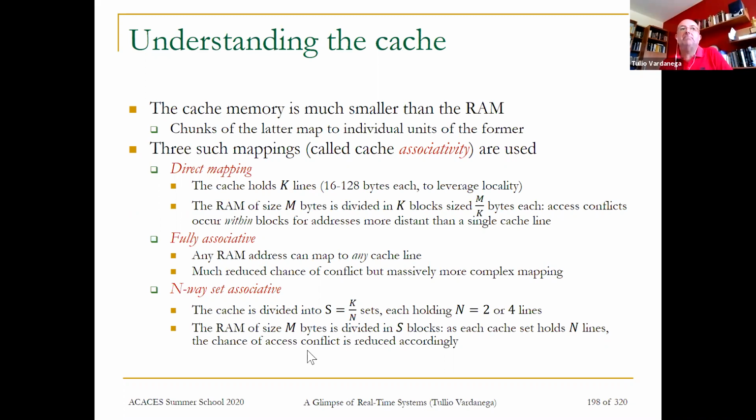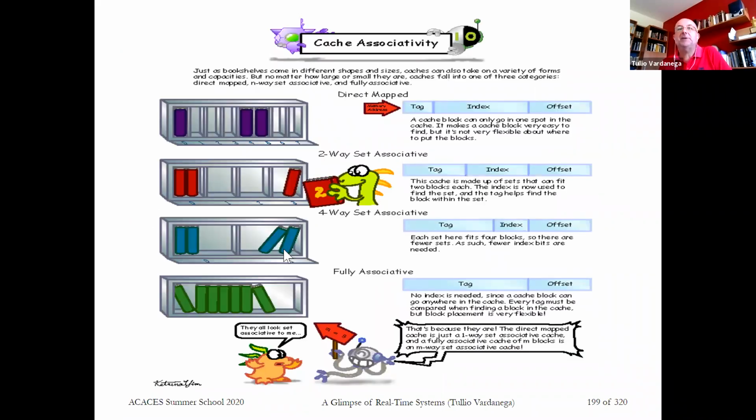So what is the choice? The ideal choice, which most caches use today, is called n-way set associative. They give you some choice in order to reduce the conflict, but it is not full choice as it would be in fully associative. Now, this is a nice picture, not mine, too nice to be mine, that gives you an interpretation using a bookshelf to understand how these things work.